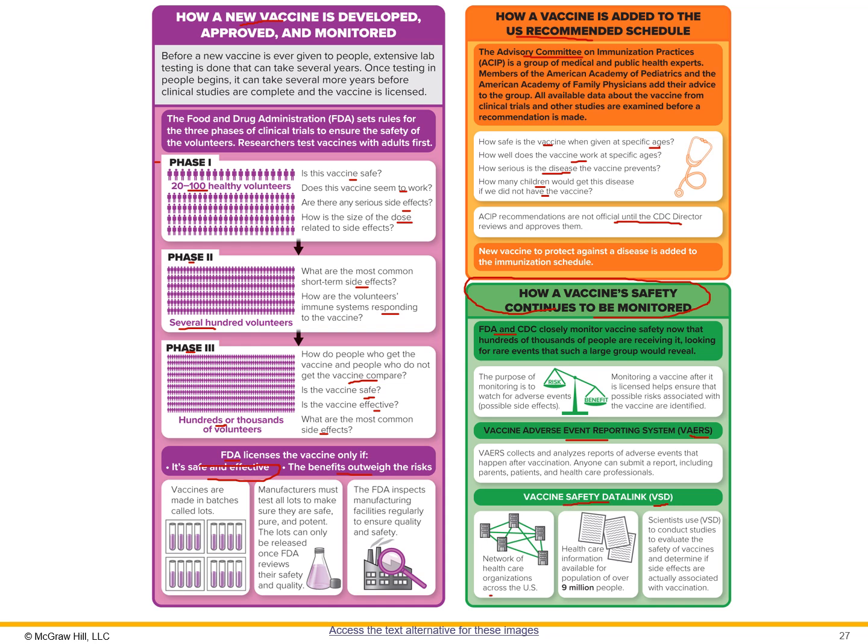And this is a network of healthcare organizations in the US. And essentially, this is just a database to where various healthcare providers can see information on the effectiveness and the use of vaccines. So mainly scientists are going to use this to conduct studies and evaluate the safety of vaccines. So again, the VAERS is a reporting system, and then the VSD is a data bank for people to get information.